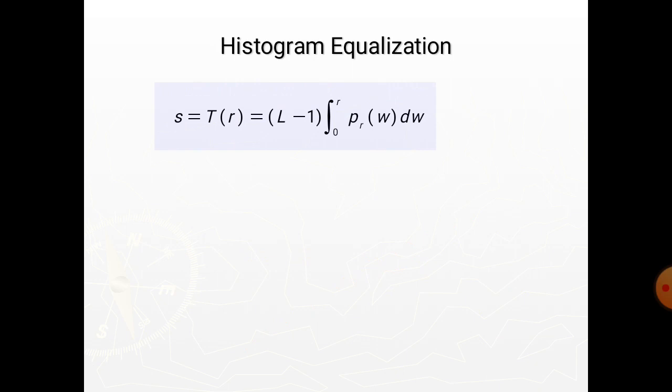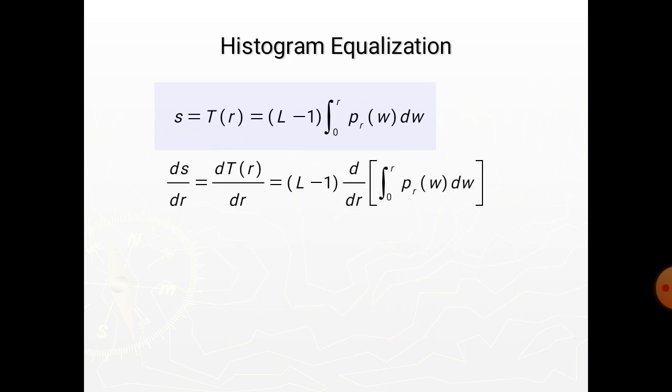Now a transformation function of particular importance in image processing has the form s equal to T(r) equal to L minus 1 times the integral from 0 to r of p_r(w) dw. To find p_s(s) corresponding to this transformation, we use this equation.